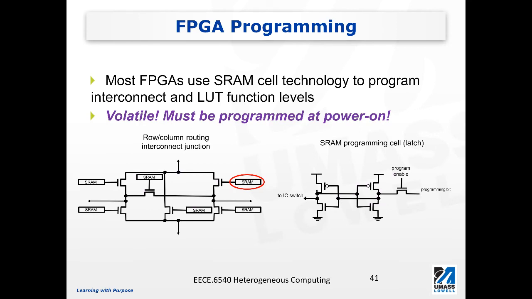To program FPGA, we need to use SRAM technology to configure the interconnect, also the LUT functions. And because most FPGAs use SRAM technology, it's volatile, which means that it must be reprogrammed at power on.